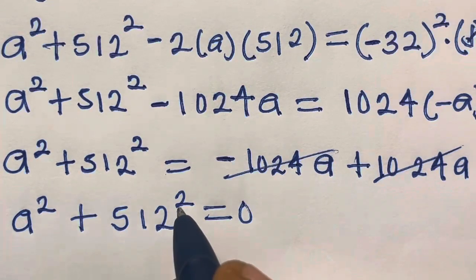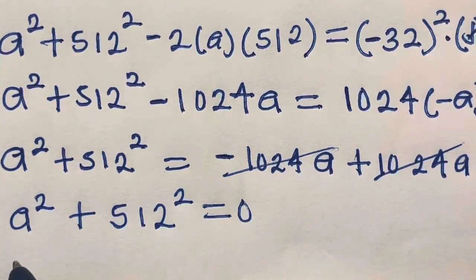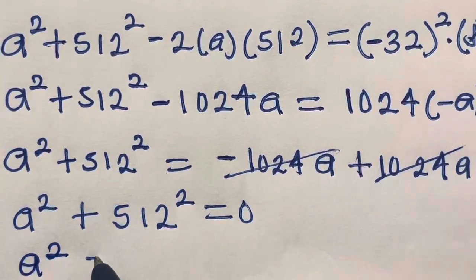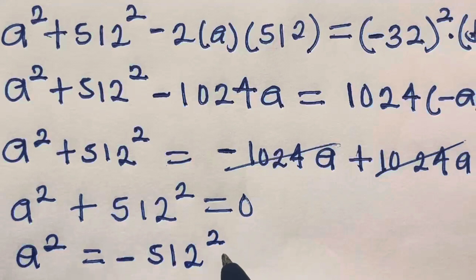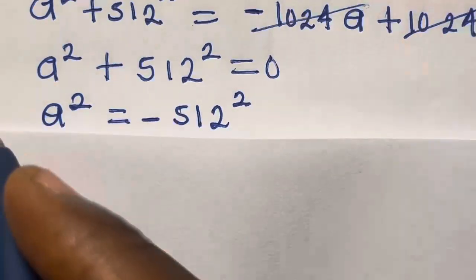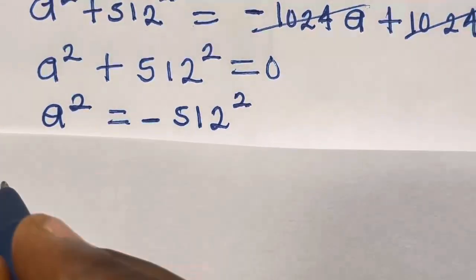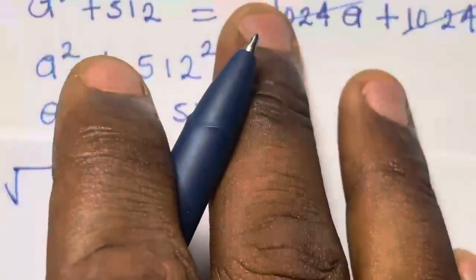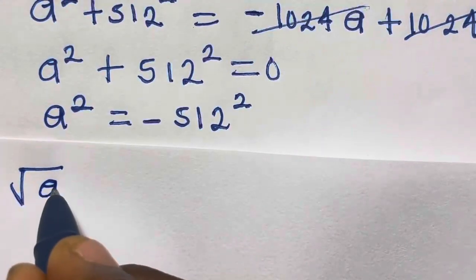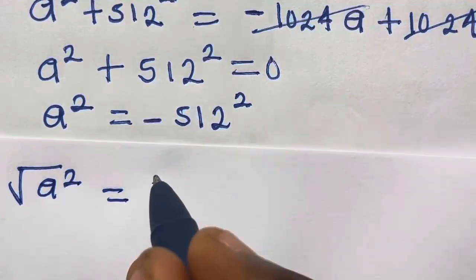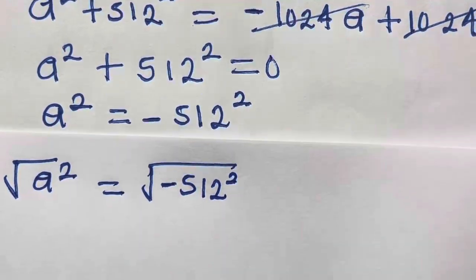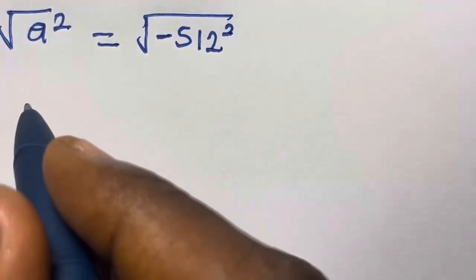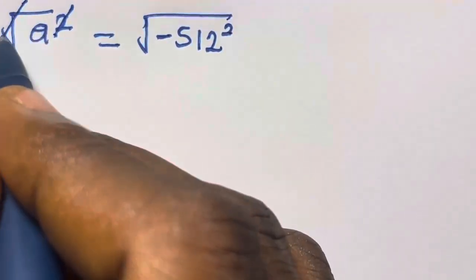Let's move further. If we transfer this here, we have a squared equals minus 512 squared. If we square root both sides, we have square root of a squared equals square root of minus 512 squared. This cancels this.